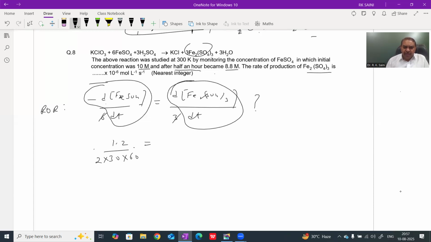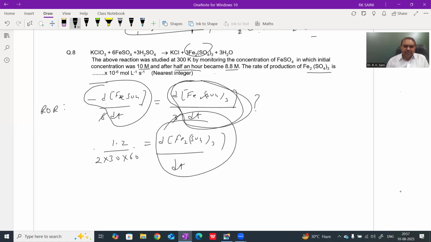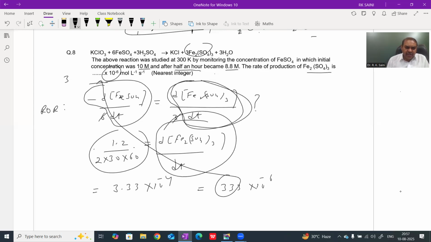Then we find the rate of production of Fe2(SO4)3, which is our aim, the rate of formation of ferric sulfate. On solving, we obtain 3.33 into 10 power minus 4. We write it in terms of 10 power minus 6. Therefore, the answer is 333 into 10 power minus 6, and hence your answer is 333.